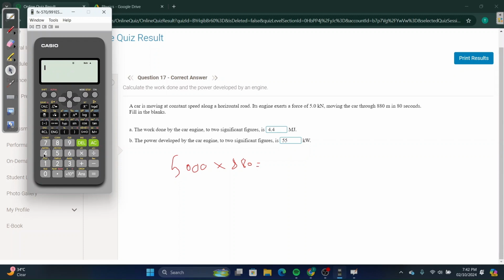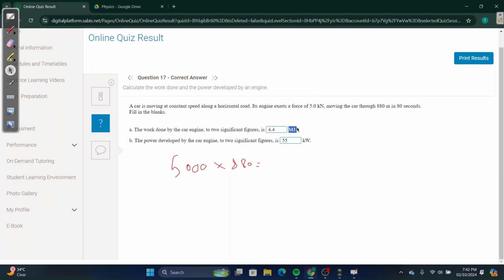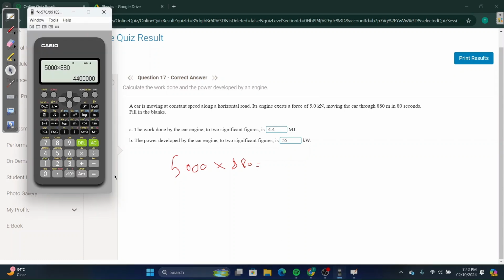So 5,000 times 880. This huge number. Now, a megajoule means that it's mega, so times 10 to the power of negative 6, which means 1 over 10 to the power of 6. I know sometimes the calculator won't let you do times 10 to the power of negative 6 with the answer.